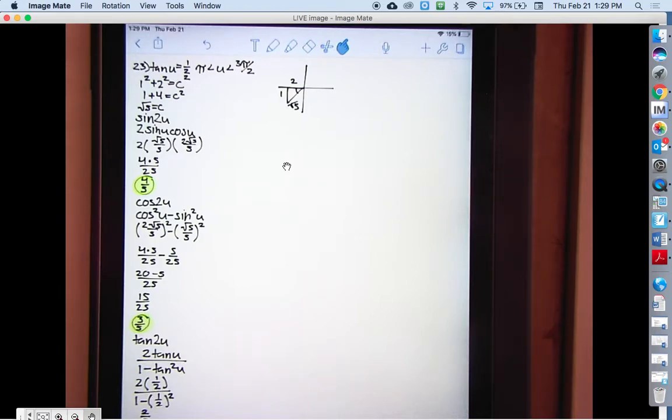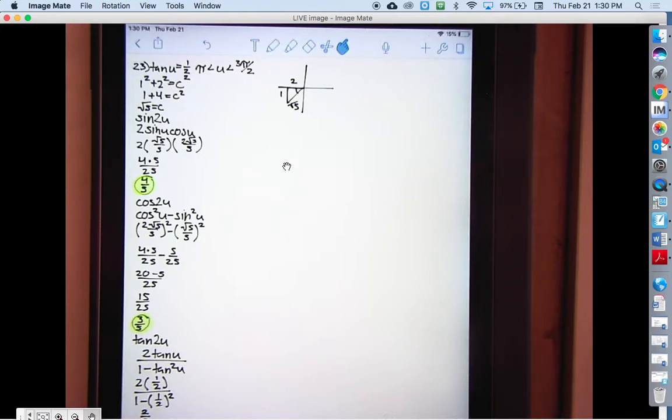And then you're finding sine 2u, and sine 2u is equal to 2 sine u cosine u. So if you want to find the sine, sine is opposite over hypotenuse. So you would start with 1 over the square root of 5, but then you'd have to move the square root of 5 to the top, so the square root of 5 over 5.